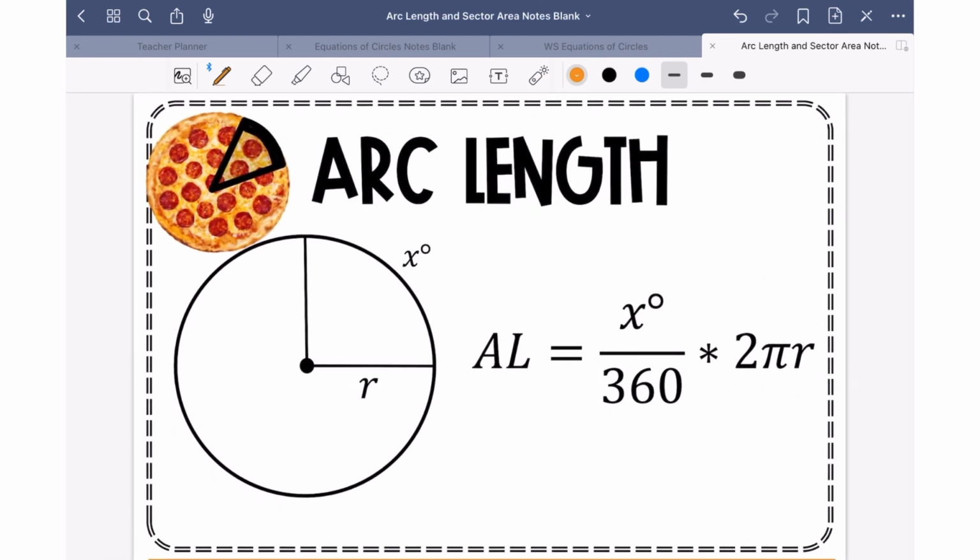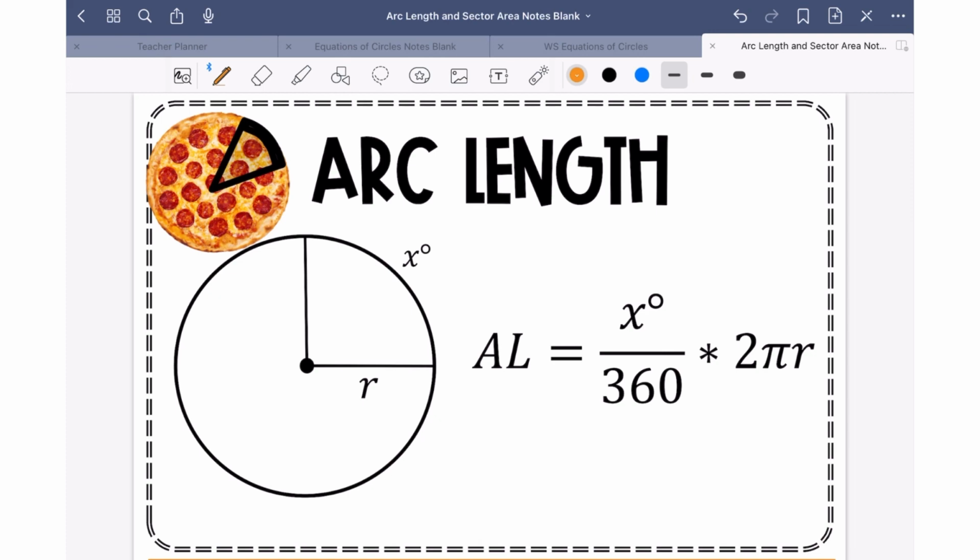So arc length. I have this picture of a pizza here because this is what I used to help my students figure out what we're doing. I want to emphasize that we can use any circle, but I chose pizza because everybody loves pizza.